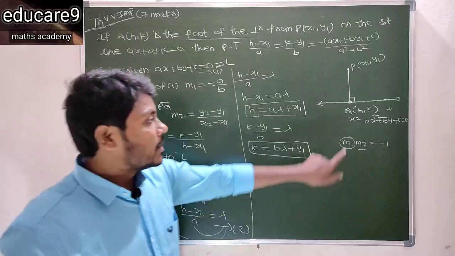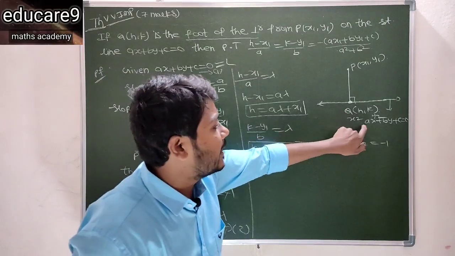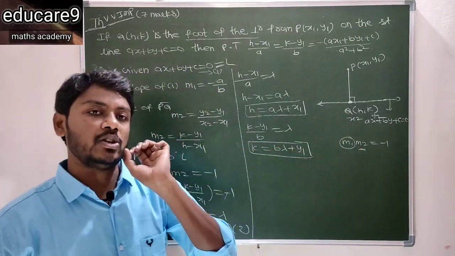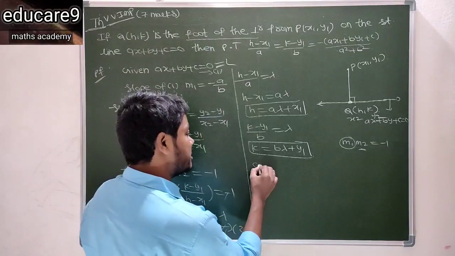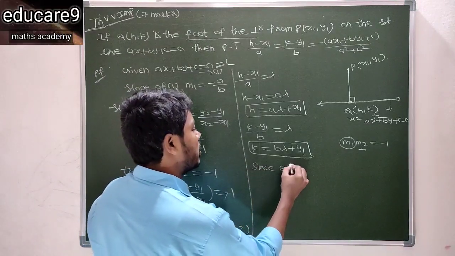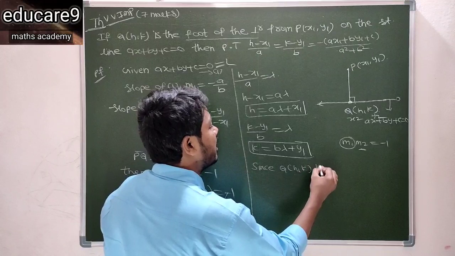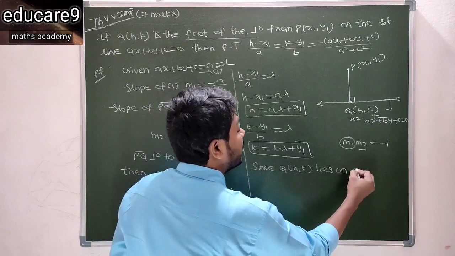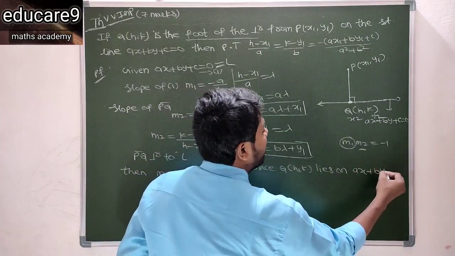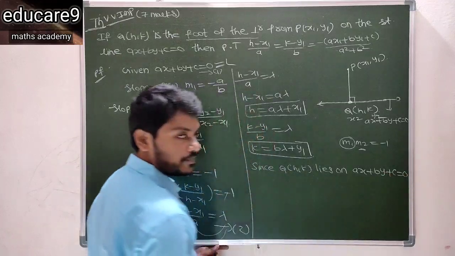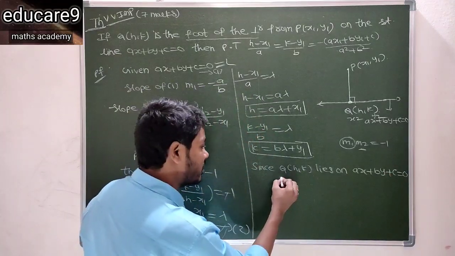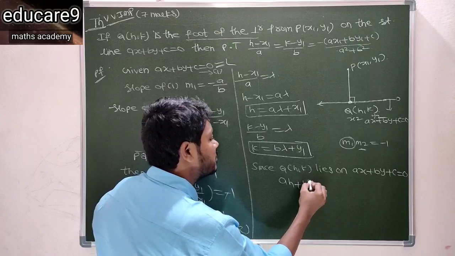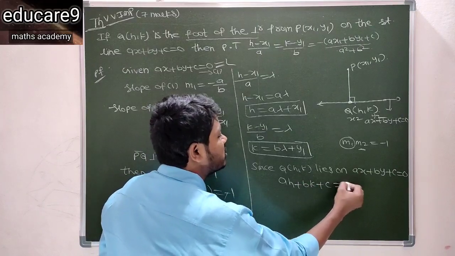Now see here, Q(h, k) lies on the line ax plus by plus c equals 0. So since Q(h, k) lies on ax plus by plus c equals 0, substitute here, what you get? ah plus bk plus c equals 0.